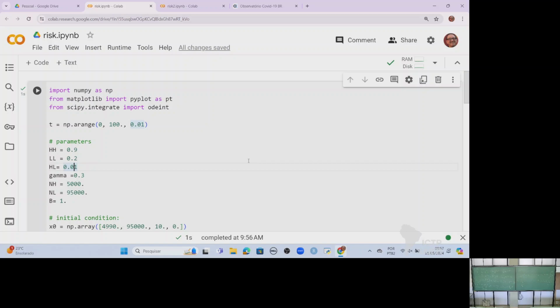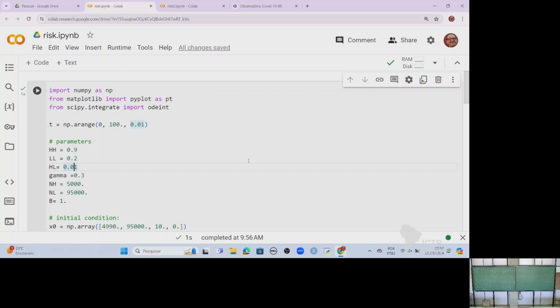Then you could also say, let's go back to this case here. But let's say that the low risk group has its own R0 defined in this way, also bigger than 1. Then you expect it also to be invaded, beyond this small endemic state.